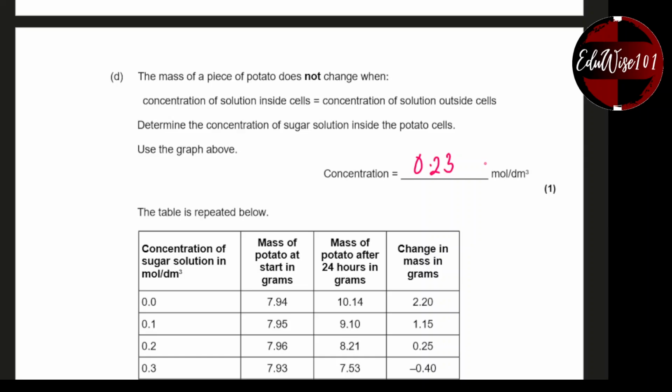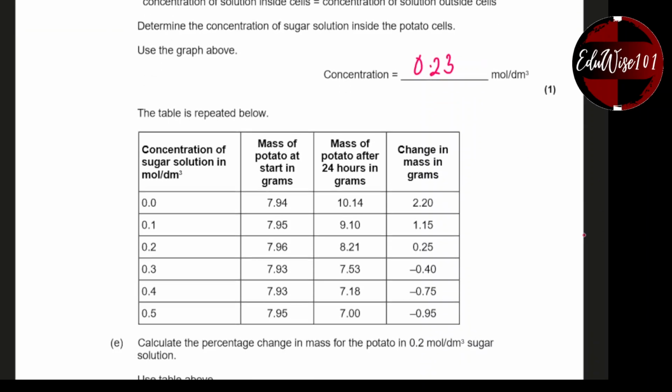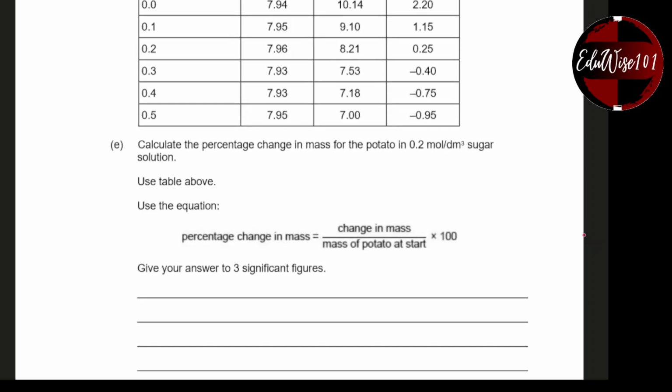So 0.23. The table is repeated below. Calculate the percentage change in mass for the piece of potato at 2 mol per dm cubed using the equation. Give your answer to 3 significant figures. That carries a mark there.